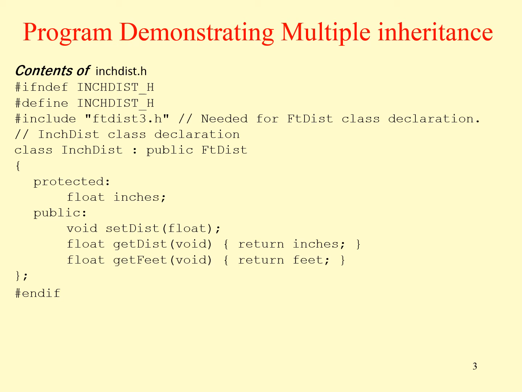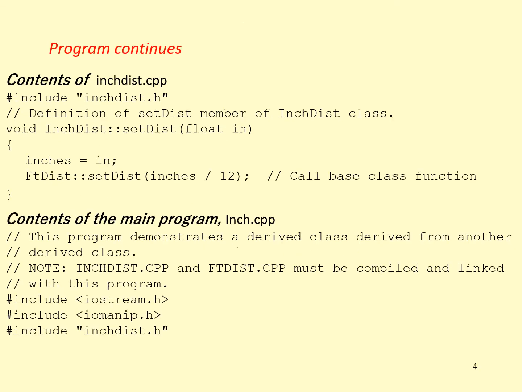In our line, where we are defining our class called inch distance, we are showing that it's inheriting from feet distance. Then it has its own member functions and attributes, where we have a protected attribute, and then the member functions that we have: get distance, set distance, get feet and the like. So this endif ends the ifndef; if it's not defined, then this should be defined here. But if it is defined, it will just proceed.